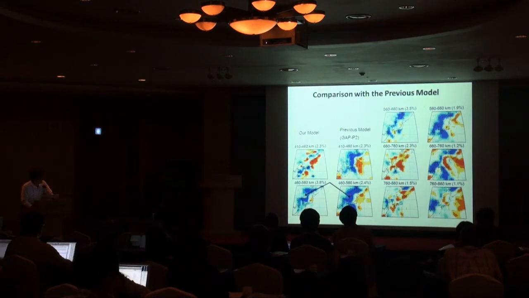The location is precisely beneath the Changbai volcano, suggesting the origin of this anomalous volcano. As for the high velocity anomalies above the 660, the horizontal extent is smaller in our model compared with the previous model, suggesting the morphology of the stagnant slab is more complex than we have thought before.